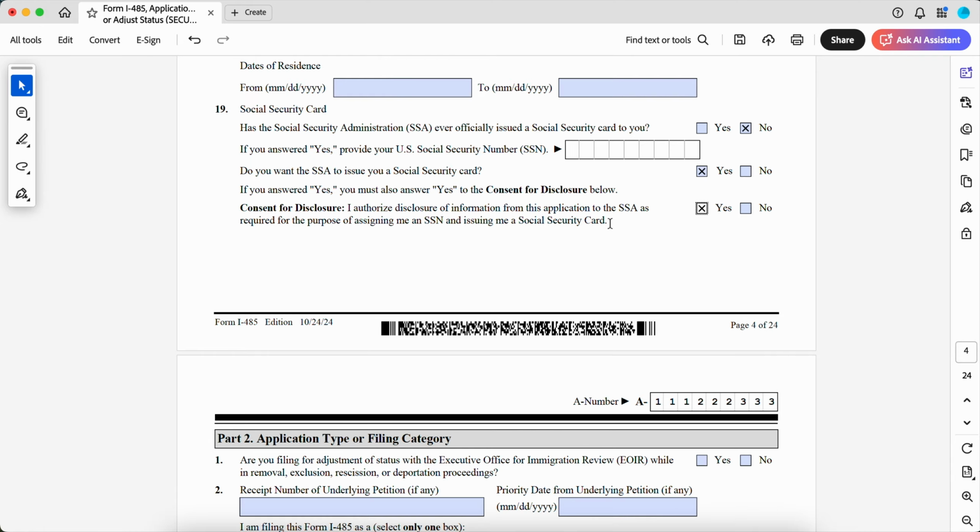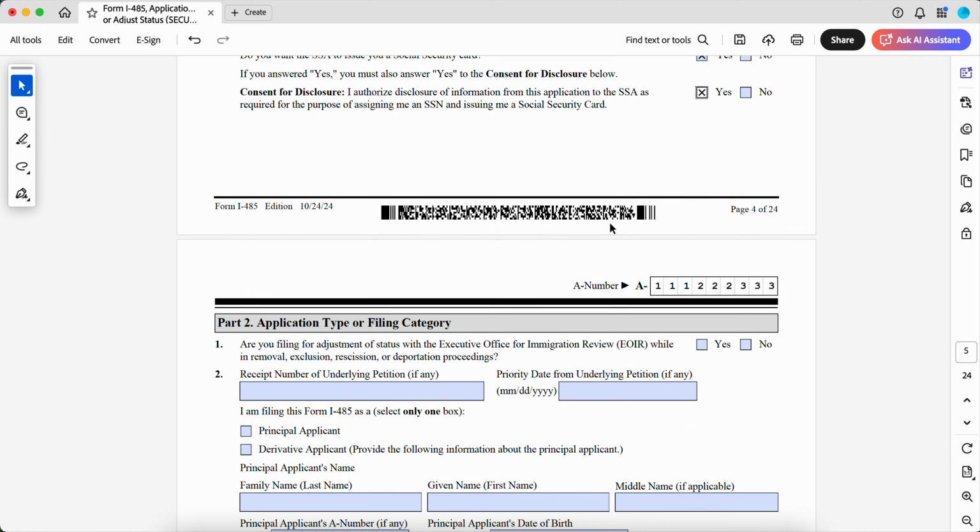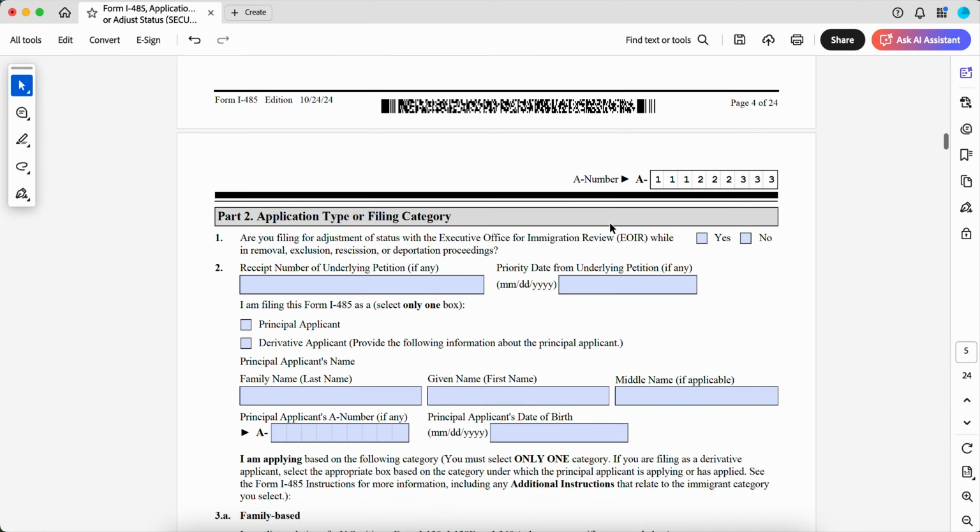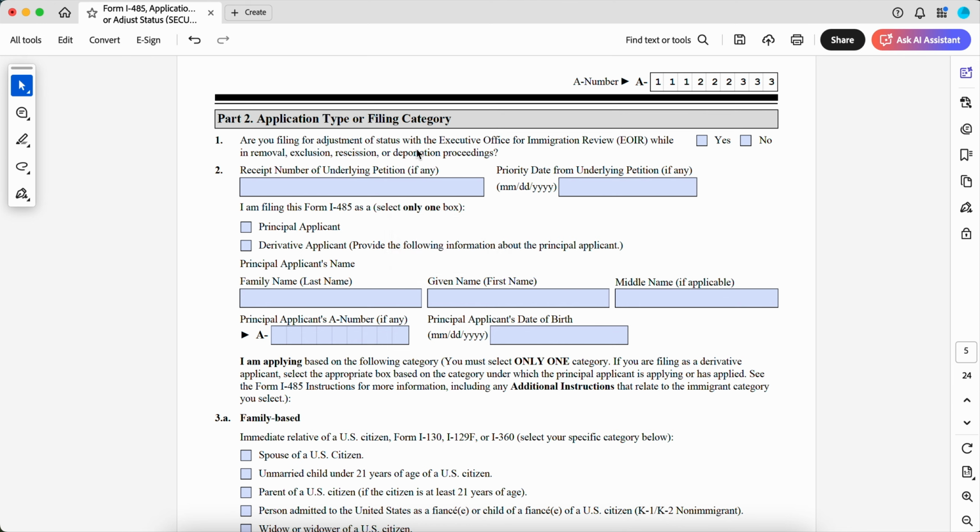So next, the application type or filing category. Are you filing for adjustment of status while in removal, exclusion, rescission, or deportation proceedings before the Executive Office for Immigration Review? No, no. If you have any petition information, you can write yes and put your petition information here, but most of the time it's no. And you are filing the form as a principal applicant.